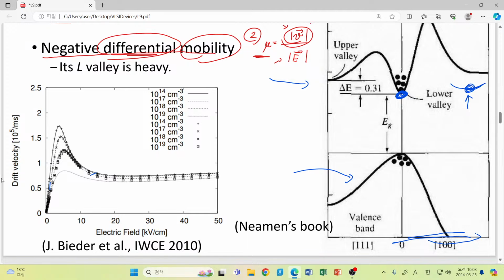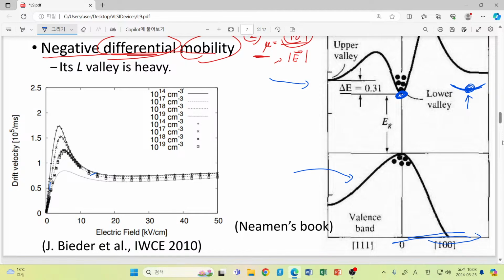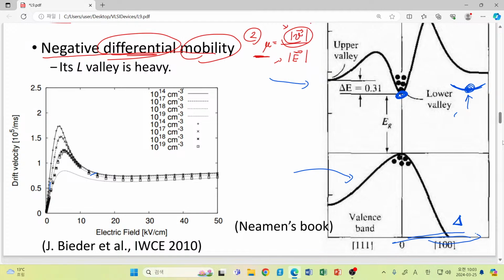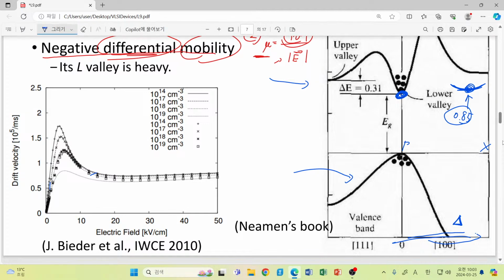I told you several times about this line, which is called the delta line, and here we have 0.85 of the distance between gamma and X point, and this corresponds to the location of the silicon conduction band minimum. However, in the case of our gallium arsenide, the minimum point does not appear near the X point. It appears where? Exactly at the gamma point.